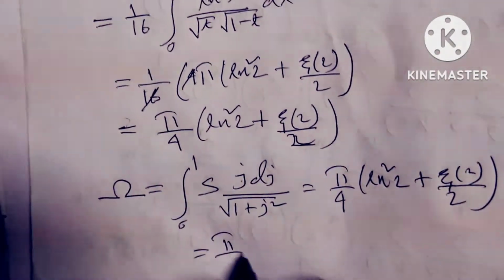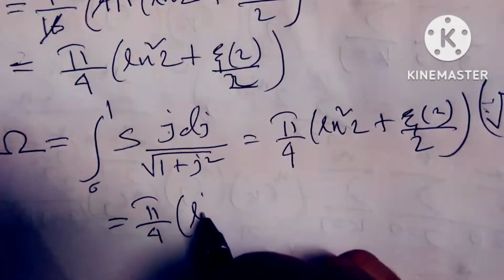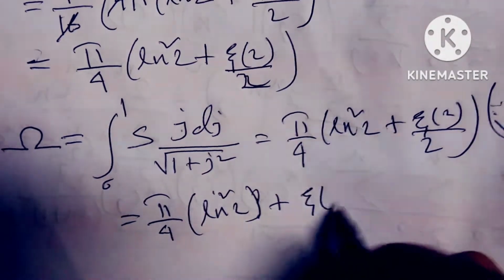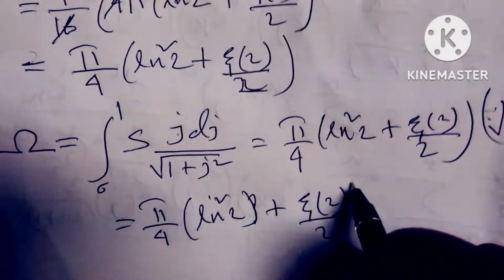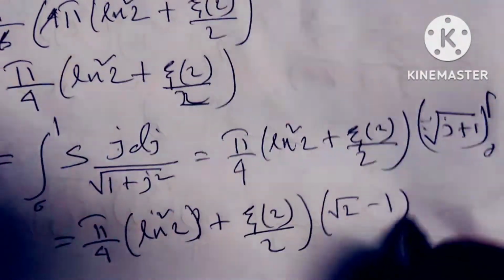I get pi by 4 ln square 2 plus zeta 2 by 2 into root 2 minus 1.